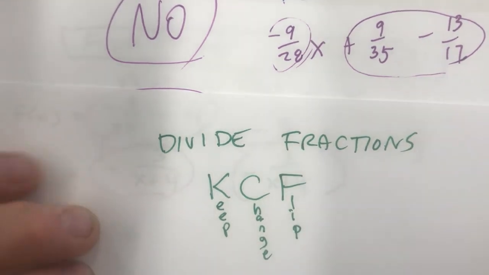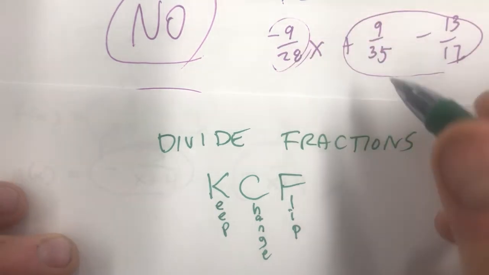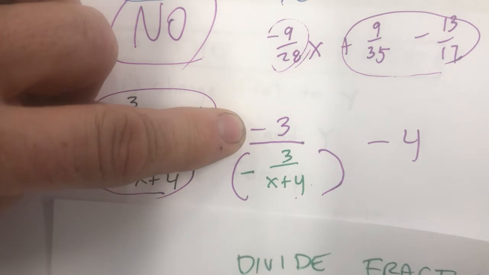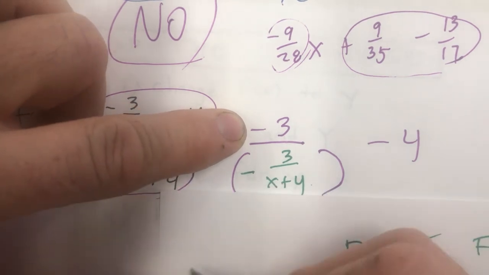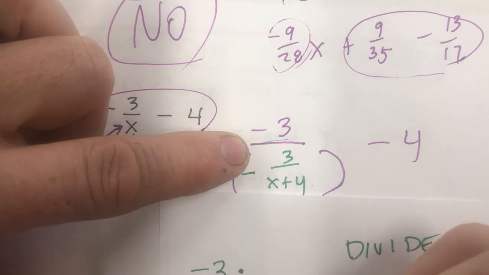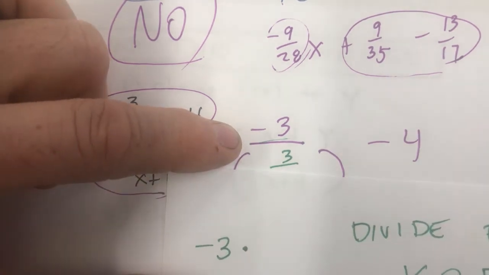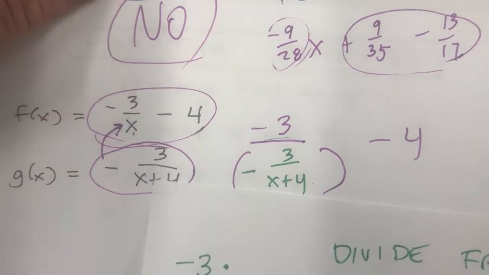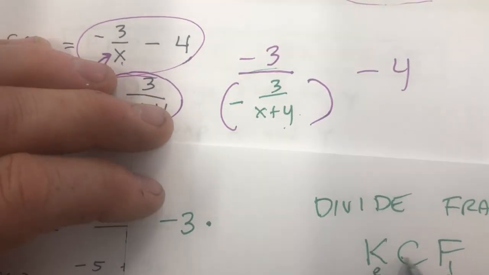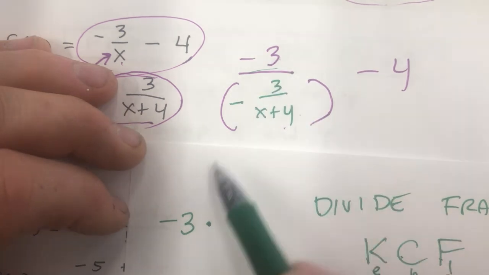Okay? What that means is, when I'm dividing, like I am right here, I keep this top one. So I'm going to keep the negative 3. I'm going to change from divide to multiply. Okay, make sure you see what I got here. And move this up some, okay? So I'm going to keep, change, flip. I'm going to keep the negative 3 on top.